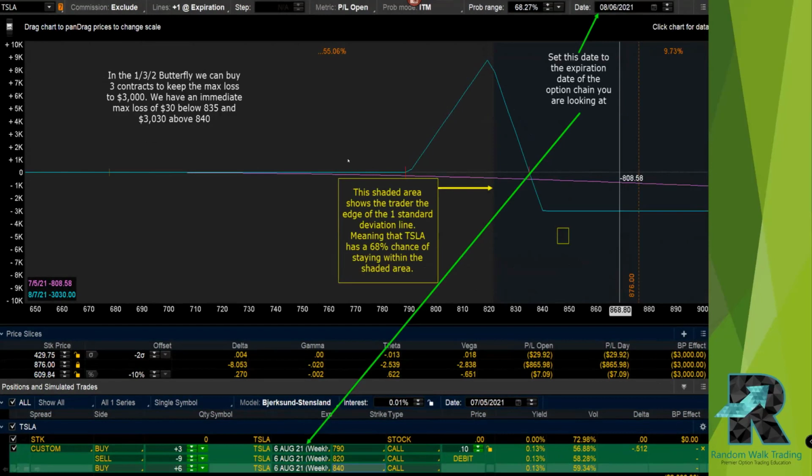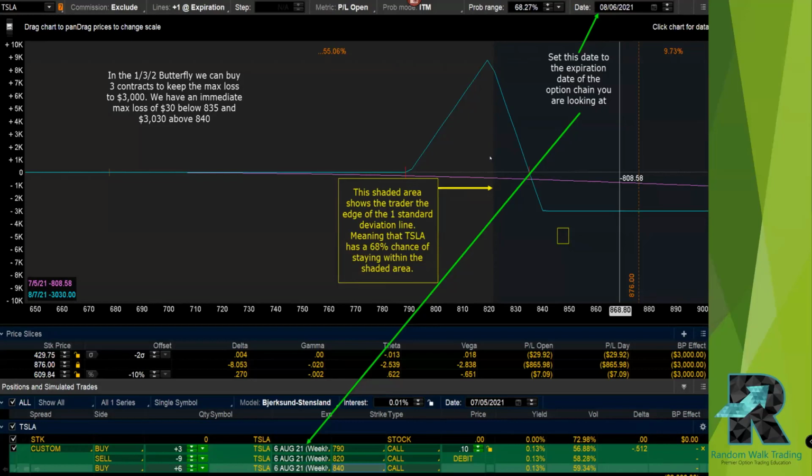Likewise, we could do the same thing with the 132 butterfly. And if we keep to $3,000, then we have a max loss of $30 on 3 contracts. And again, I just put a little note here. TOS doesn't do it all the time, but in the upper right-hand corner, you can set that date to the expiration date of the option chain that you're looking at, and you'll see a lighter gray here and a darker gray here.